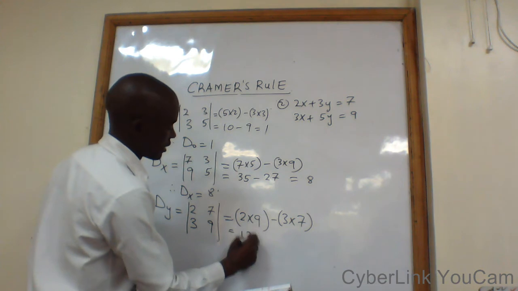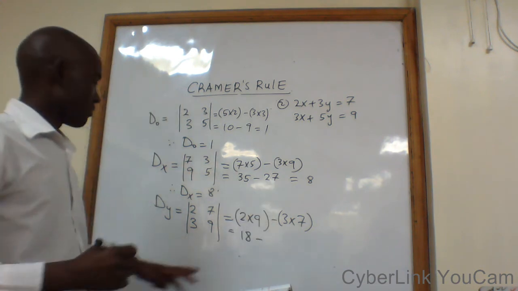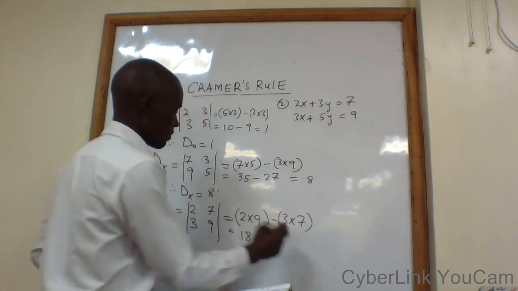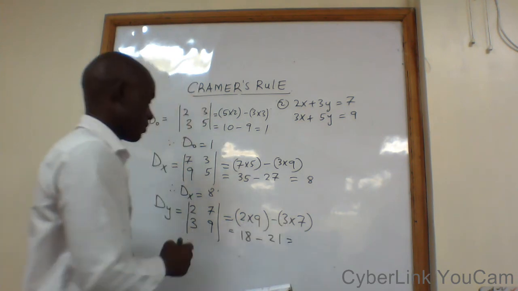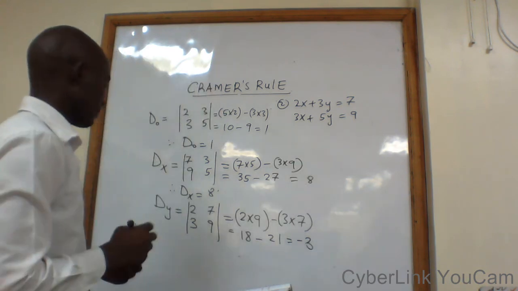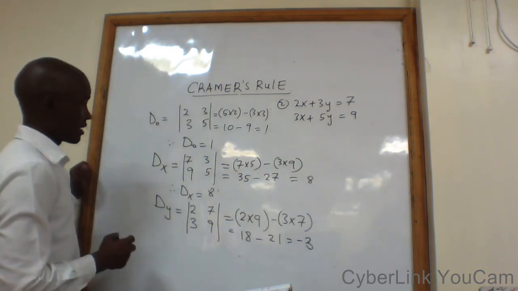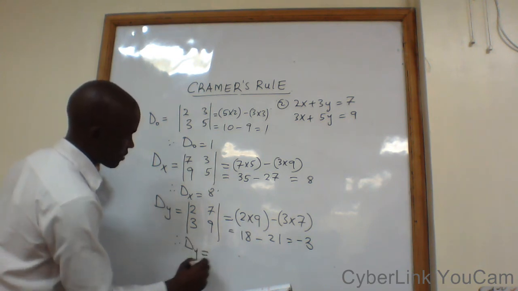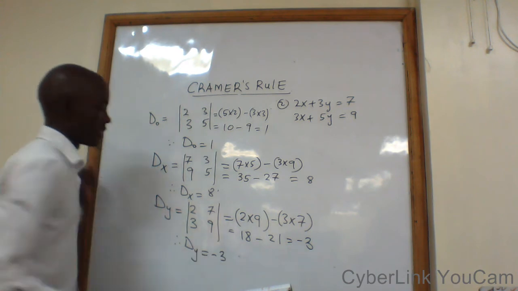This should give you 18 minus, if you take the difference, 21. Remember now this one gives you minus 3. So the second determinant, therefore we can say our dy is equal to minus 3.